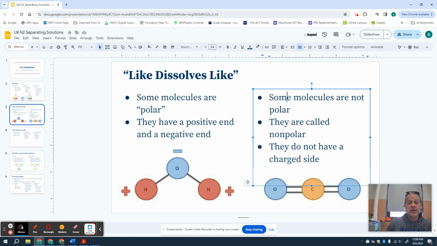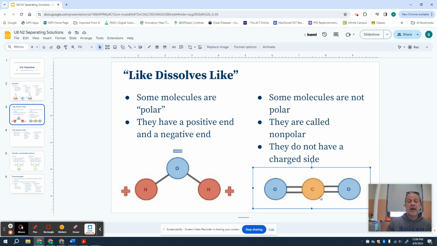These substances are essentially considered neutral, and they will be attracted to each other, but not because they have a positive and a negative side. So here I have something like carbon dioxide, where there is no charge distribution anywhere in this molecule. It's just considered to be neutral.